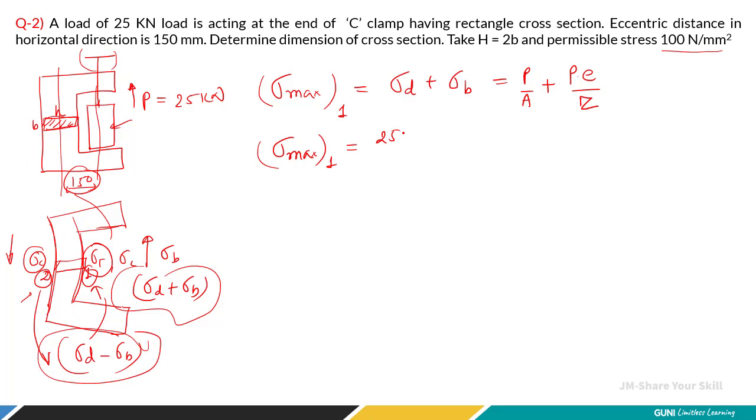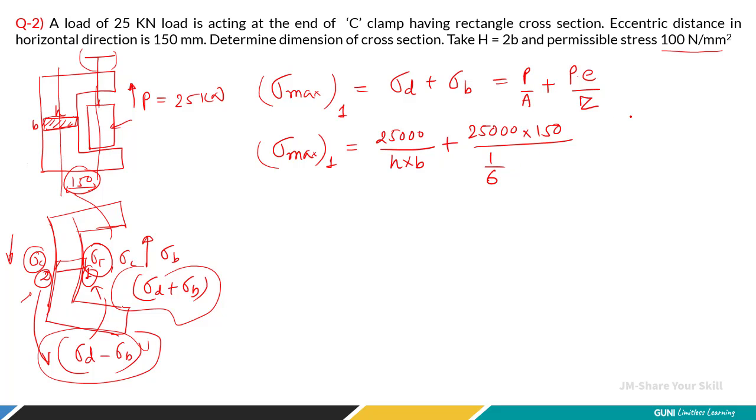Load is 25 kilonewton divided by cross section, which is h into b in the direct case, and for bending it is 25,000 Newton into 150 millimeter eccentric distance, divided by the section modulus Z.